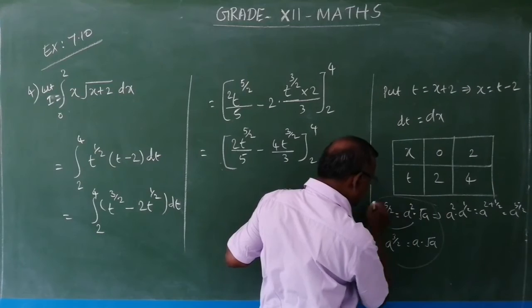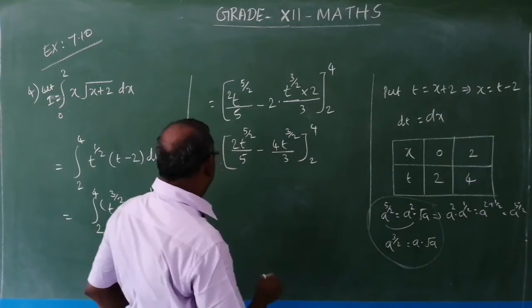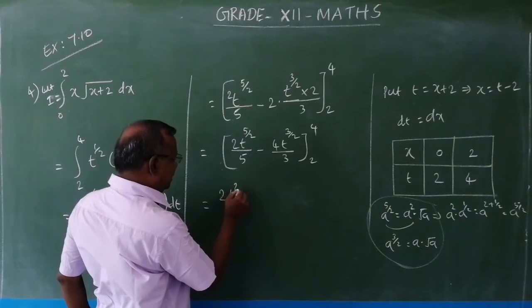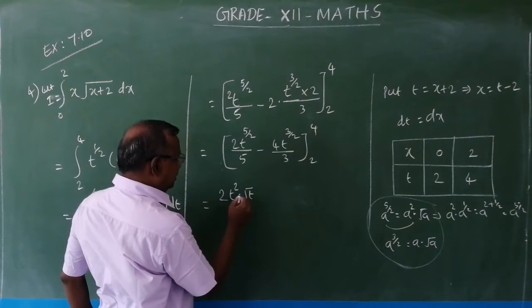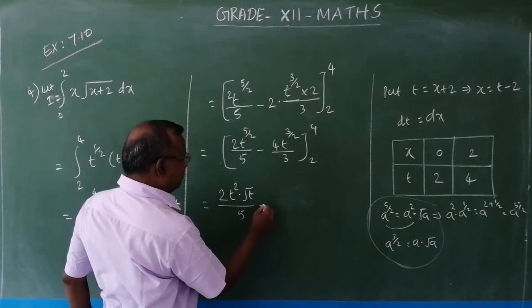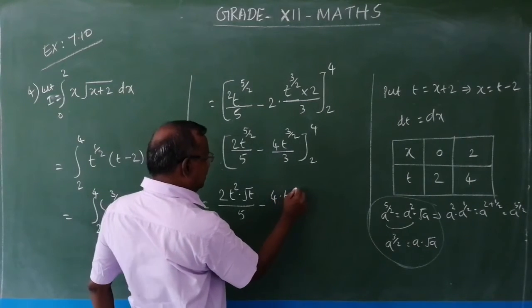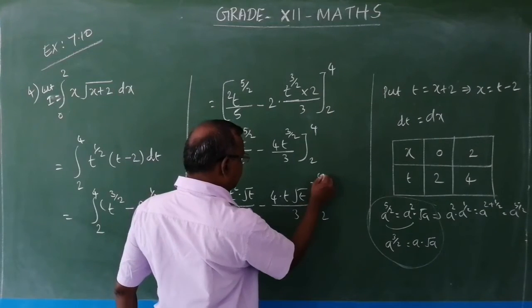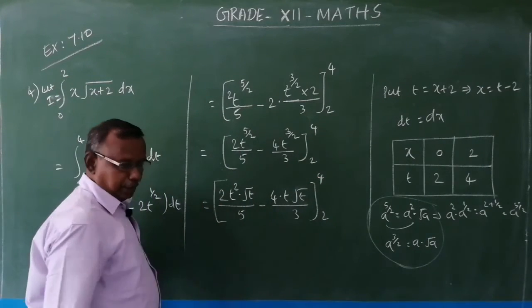Please note this. So, this equals 2 into t square into root t divided by 5, minus 4 into t into root t divided by 3, from 2 to 4.